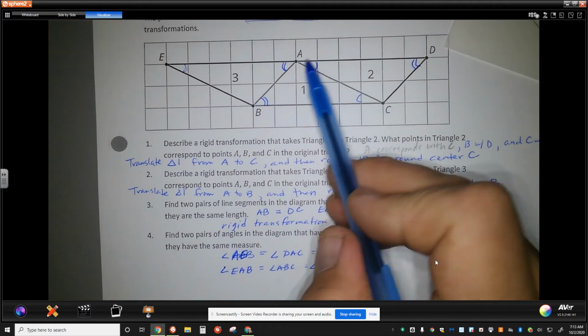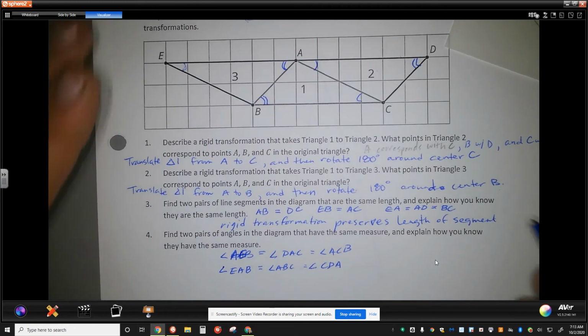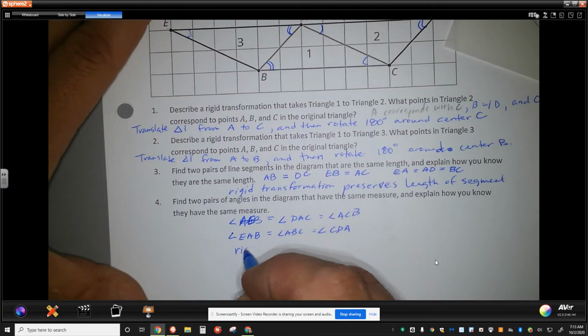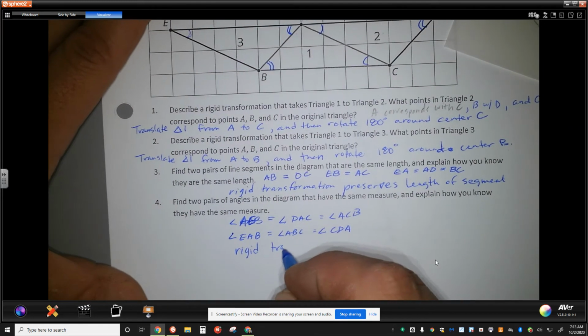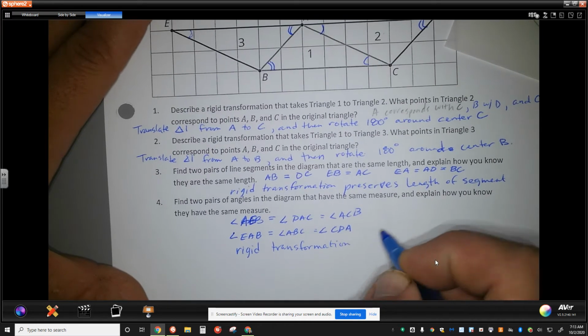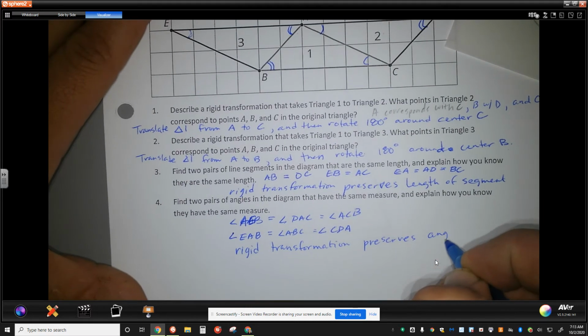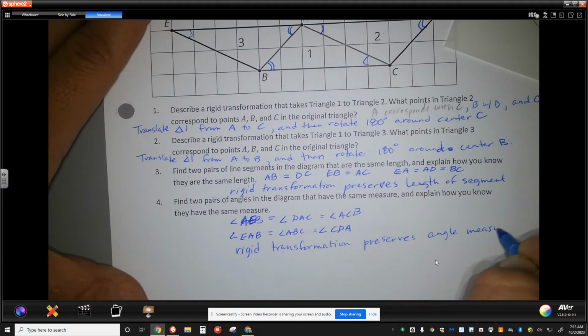And we could say the same thing about this top one in the triangle as well. And why is that? Well, it's for the same reason. Rigid transformation preserves angle measures.